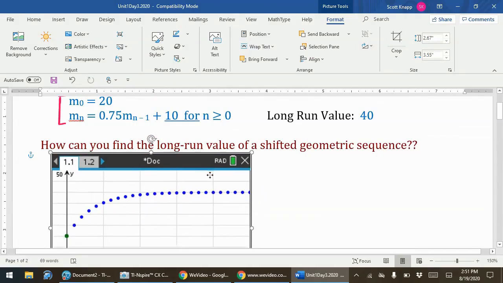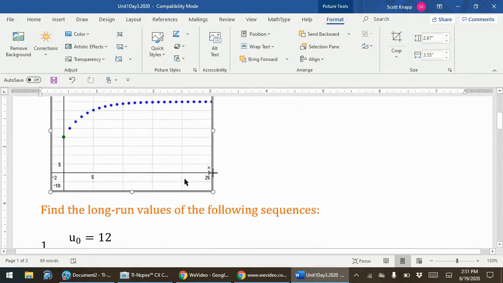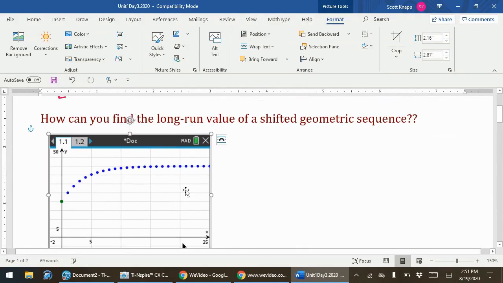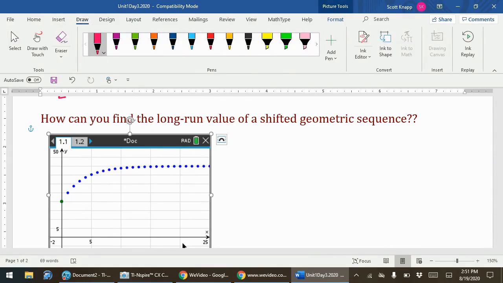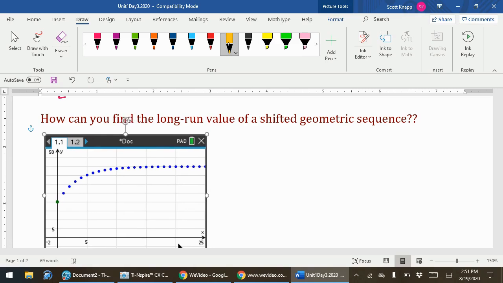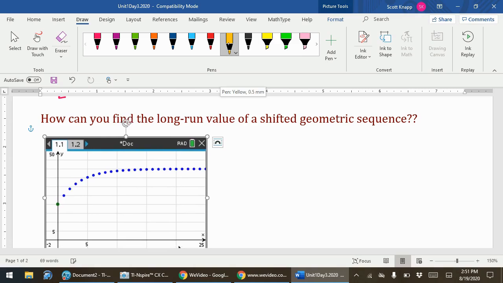Okay, so this is the graph of that sequence showing all of those different terms. What I want to do is key in on what I'm going to call consecutive terms, so points that are right next to each other. If we look here in the grid, I'm going to circle a couple of points. I don't know if it's going to let me write on that.